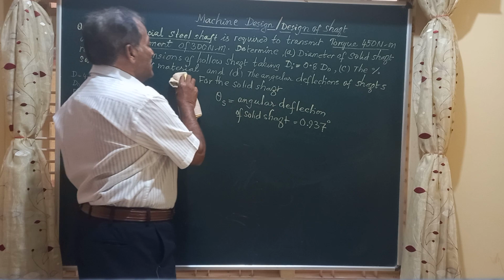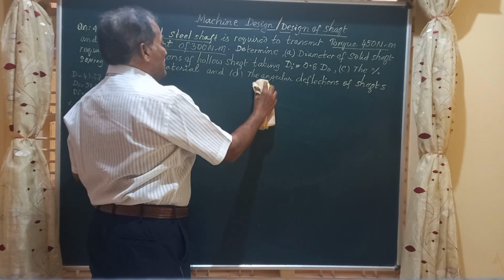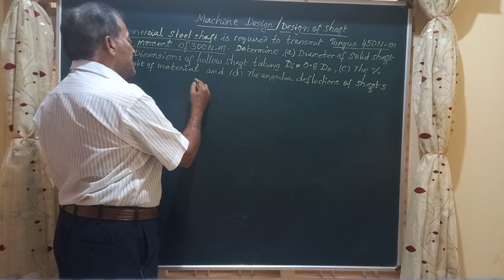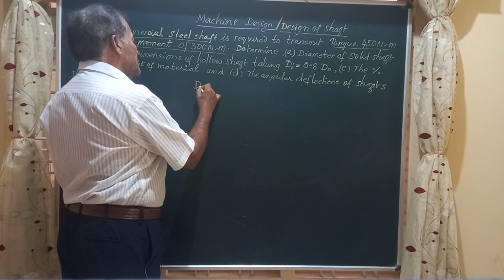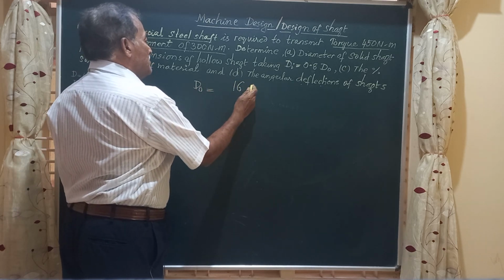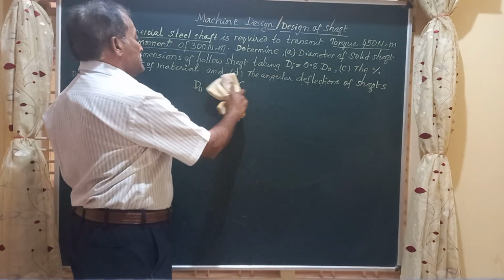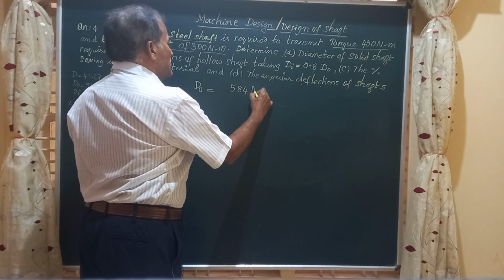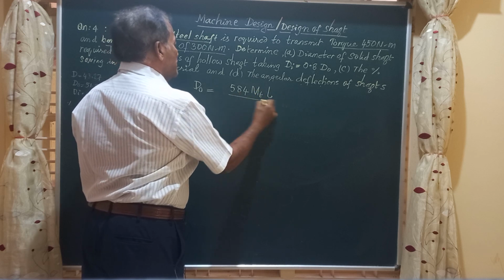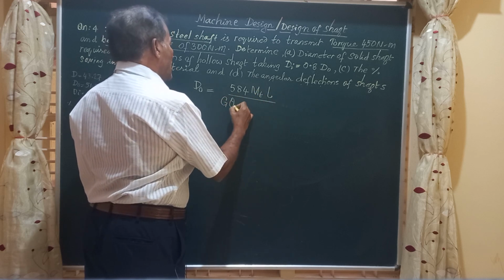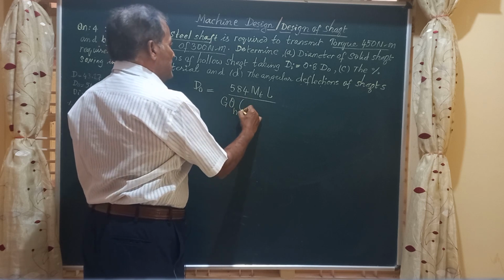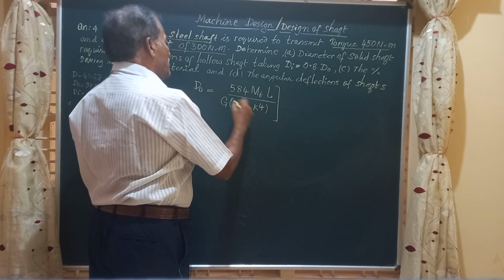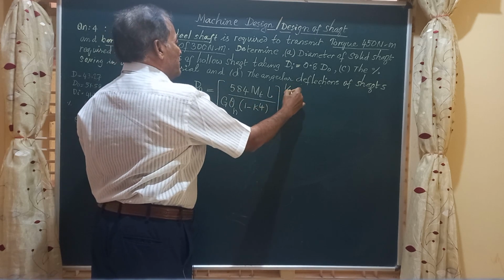Similarly, friends, you have a separate equation for the angular deflection of the hollow shaft, and that is obtained from the equation D_o is equal to (584 M_t L divided by G theta_h multiplied by (1 minus k to the power of 4)) whole raised to the power of 1/4.